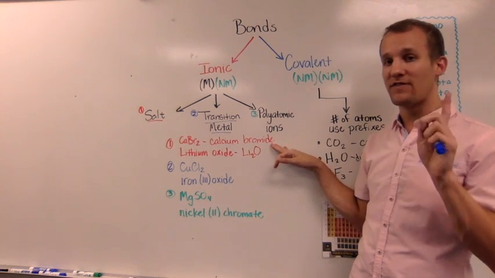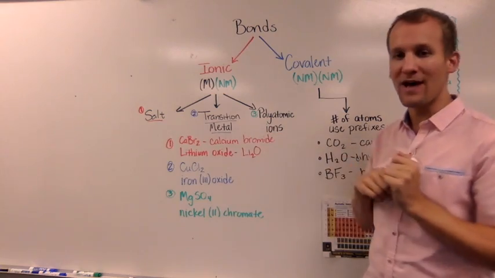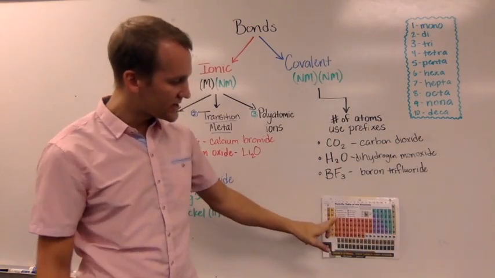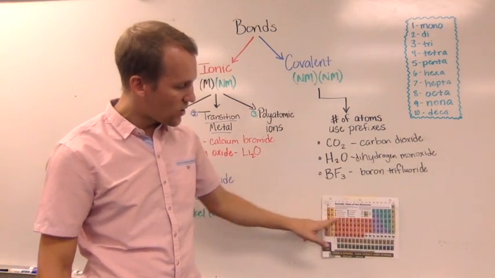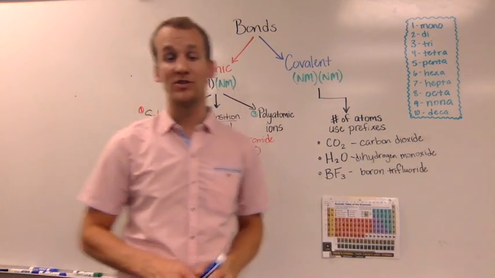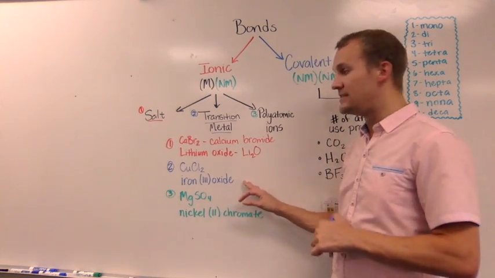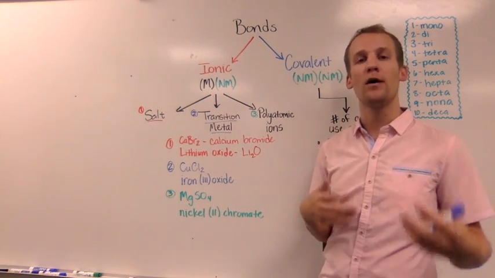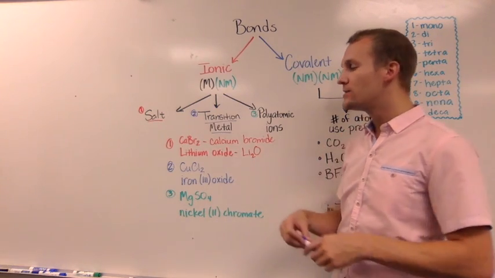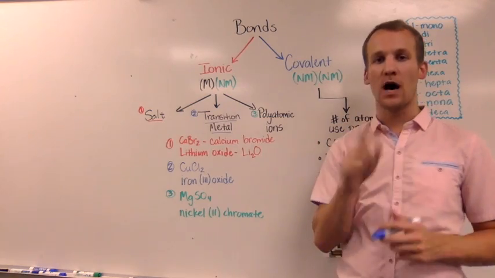We have to identify an extra piece of information. The transition metals, which we remember are the middle section of the periodic table here in orange, are going to give us different charges depending on what they're connected to. So you have to use them in context.